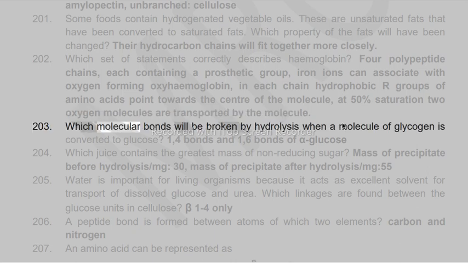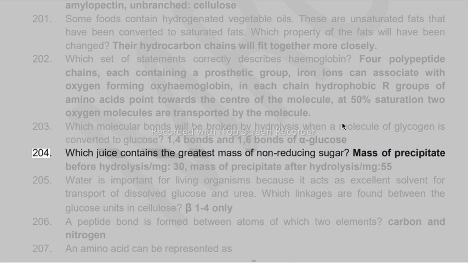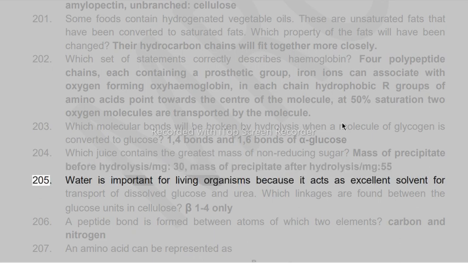203. Which molecular bonds will be broken by hydrolysis when a molecule of glycogen is converted to glucose? 1,4 bonds and 1,6 bonds of alpha-glucose. 204. Which juice contains the greatest mass of non-reducing sugar? Mass of precipitate before hydrolysis 30 mg, mass of precipitate after hydrolysis 55 mg. 205.